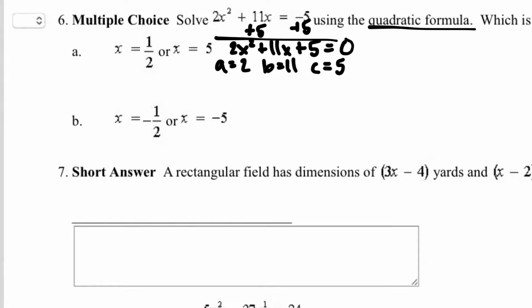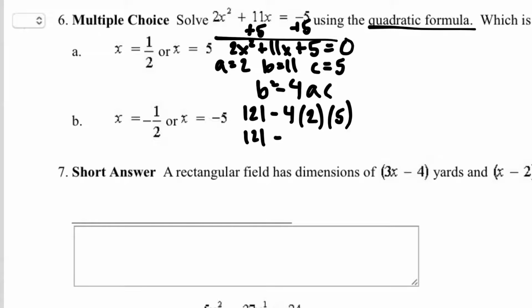I'm going to use the discriminant first, b squared minus 4ac. I always try to get rid of that first. B squared in this case is 11 squared, which is 121, minus 4 times a, which is 2, and c, which is 5. So it's 121 minus 4 times 2 is 8 times 5 is 40, minus 40.